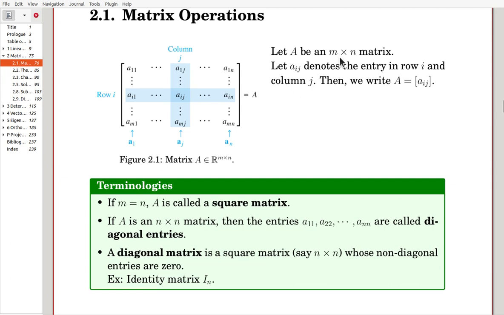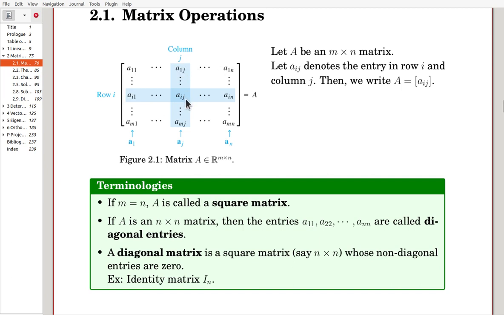A is an m by n matrix, as in this figure. We'll name the entries by using Aij. That is the entry in row i and column j. That is the row direction, so it's the ith row, and there is the column direction, so the jth column.